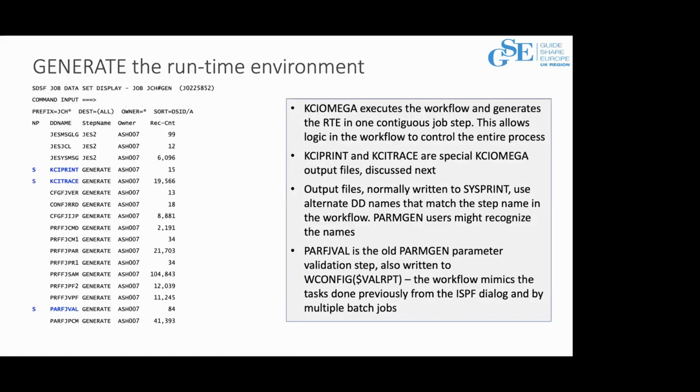All right, so how do we validate or view what's happened in the generate task? Here's what the output looks like from a generate task. There are a couple of important DD statements highlighted here. In fact, there are 3, but the first 2 are KCI print and KCI trace.